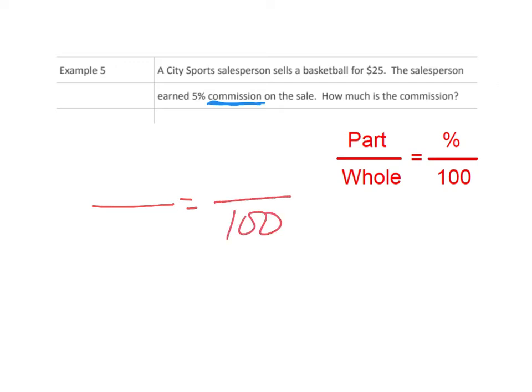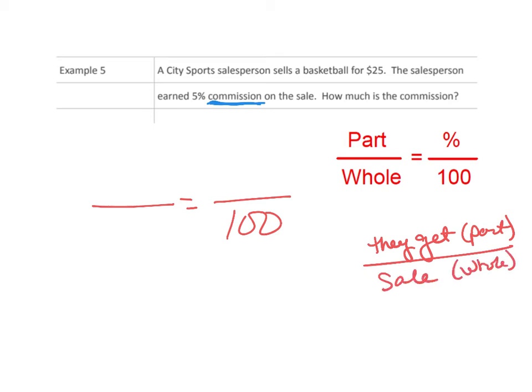What they get is the part, and their sale is the whole, because they get a part of that whole sale. So that helps with commission. If you want to put that into your notes, please do, so it helps you remember.